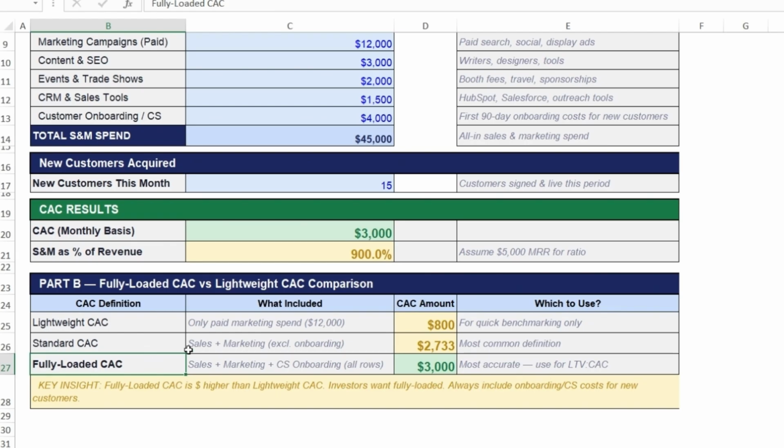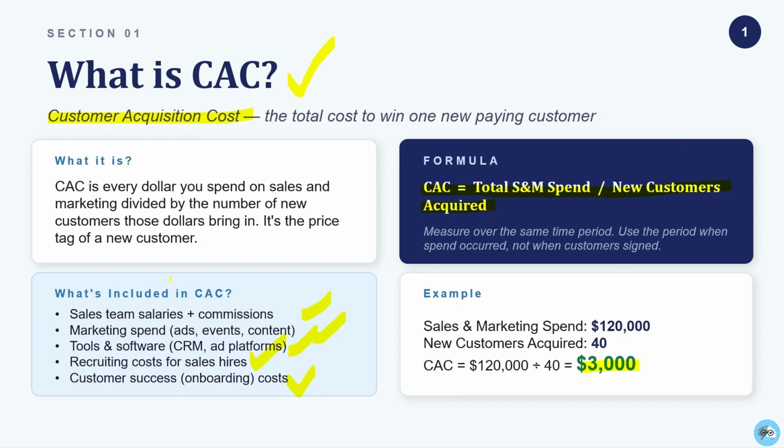What is the difference? In fully loaded CAC, we have the components of lightweight CAC and standard CAC, but with that, we also have the component of CS onboarding, which is customer onboarding or customer success cost. So, it is more accurate and it is the one that investors want to see.